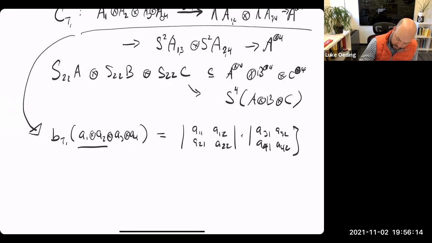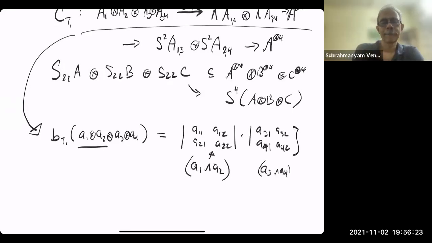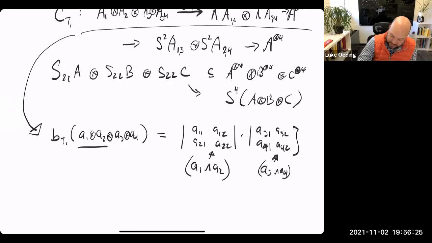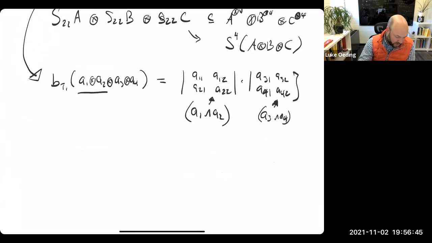Okay, so this is what I'm writing as A1 wedge A2, is this thing, and then A3 wedge A4, I'm writing as this, but I'm keeping track of which vector space every vector came from. And by keeping track of everything with indices, symmetric products and skew symmetric products and tensor products essentially all end up being the same thing, because I have the indices to tell me where I am in the order of multiplying things. So I multiply all of this out, and I get the product of 2 determinants.